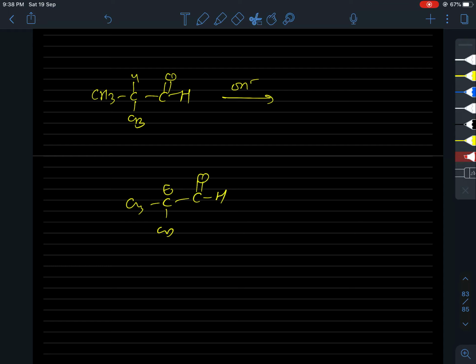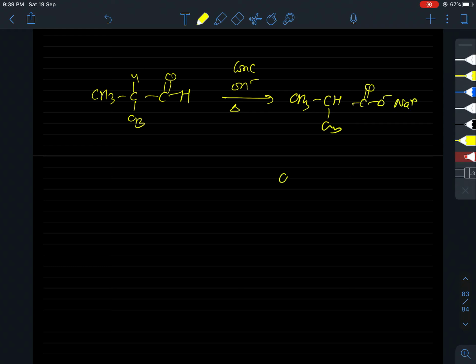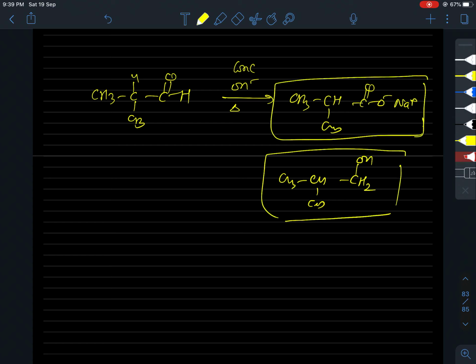Because the competitive aldol condensation is quite slow, if you have a reasonably good concentration of OH minus and you have heated it slightly, it will prefer a Cannizzaro product. That means one will undergo conversion into carboxylate and the other into alcohol. So these will be the products, this one and this one. This is how you are going to form the product.